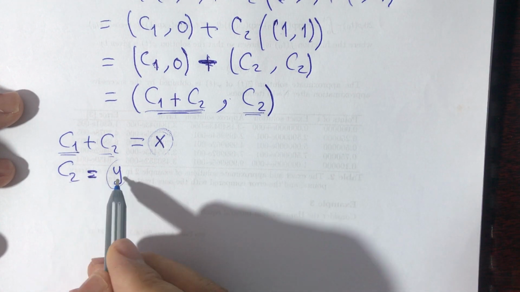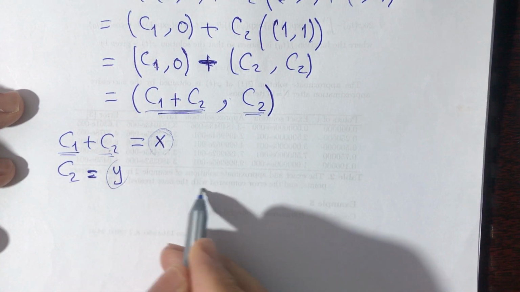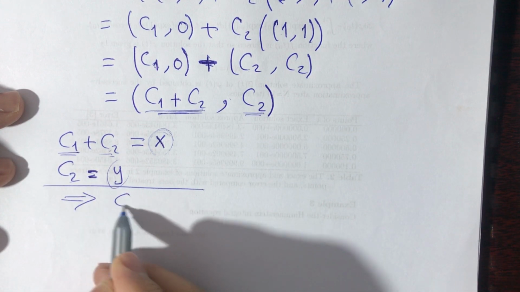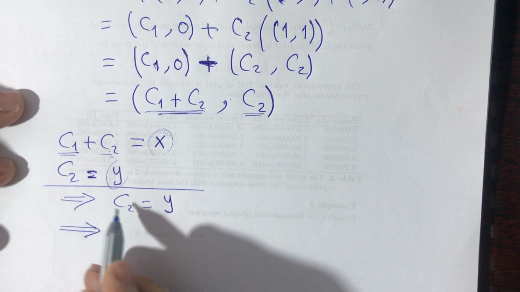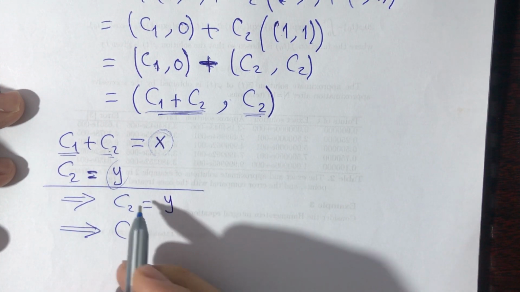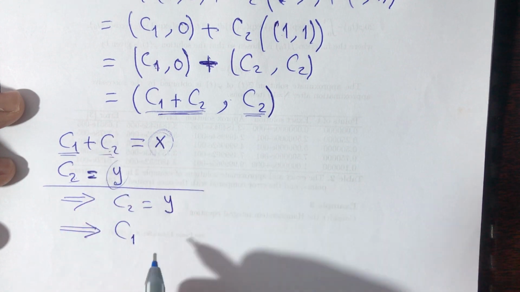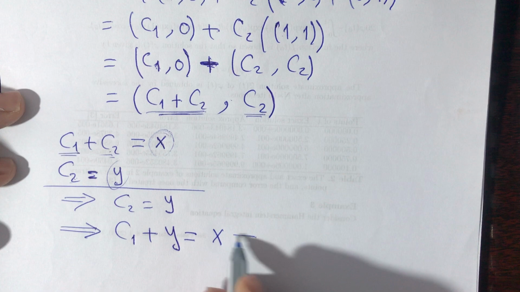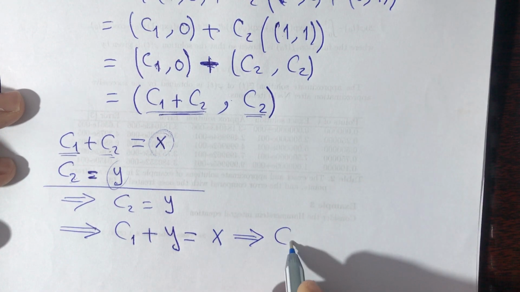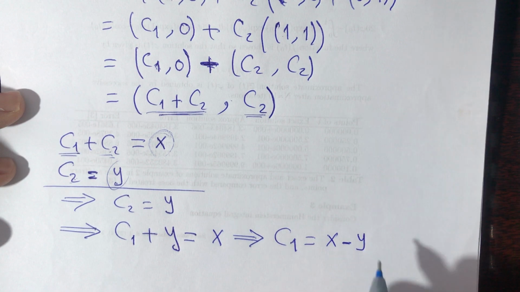Just move C2 here, and from this we know C2 is equal to y. And from this we can see C1: move it here, y plus y is equal to x, and this implies C1 is equal to x minus y.